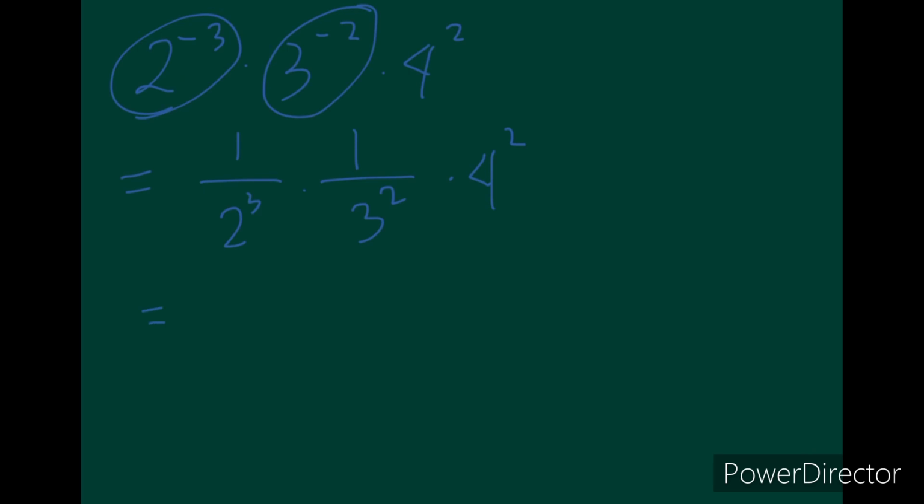Multiply the numerators. So 1 times 1 is 1. Then times 4 squared, we have 4 squared over 2 cubed times 3 squared.